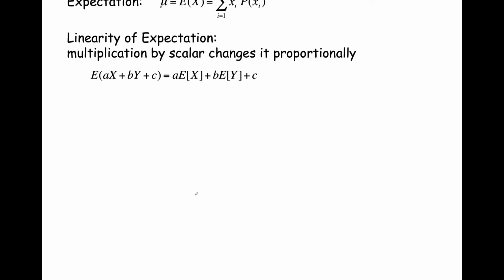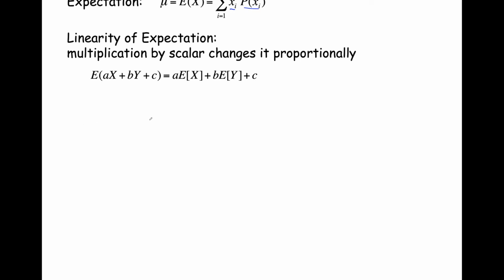So here's our expectation, and we said the expectation mu is just the weighted sum of the values the variable can take on, times its probability over all possible observations. And so this idea of linear expectation talks about multiplication by a scalar. How does it change? So if you have some measurement x and you multiply x by a value like 5, how does the expectation of that value change? Well, here's our first property.